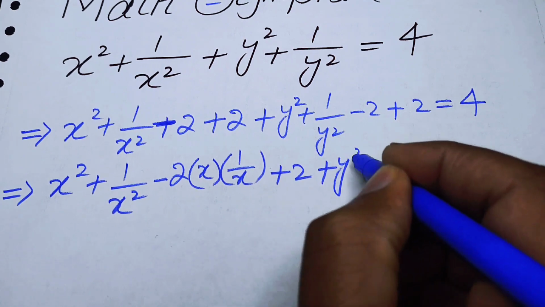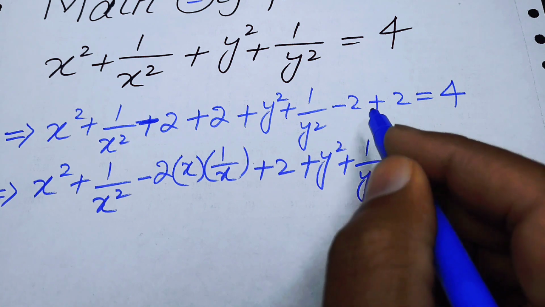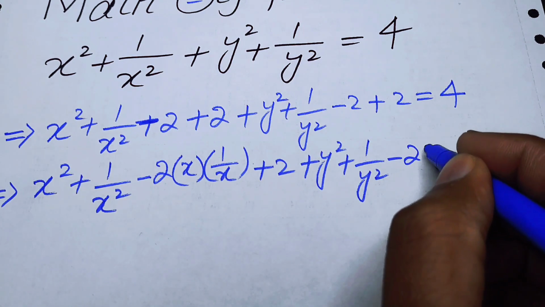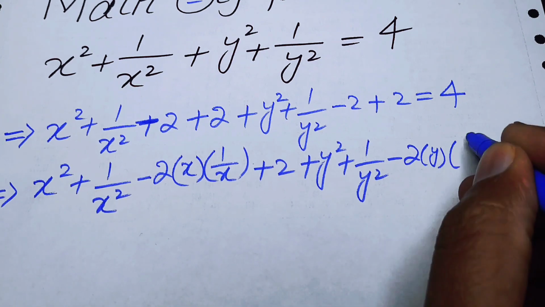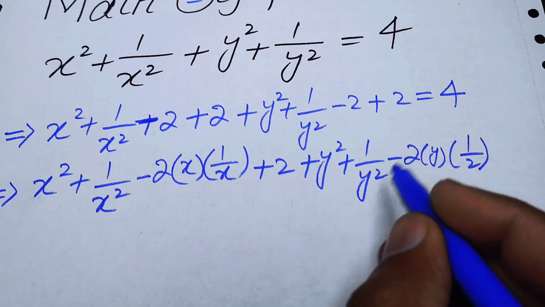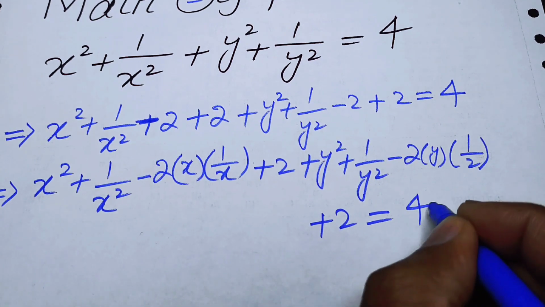Similarly, plus y square plus 1 over y square. Again here I will write this minus 2 as minus 2 times y into 1 over y, and again this plus 2 is written as it is, equal to 4.